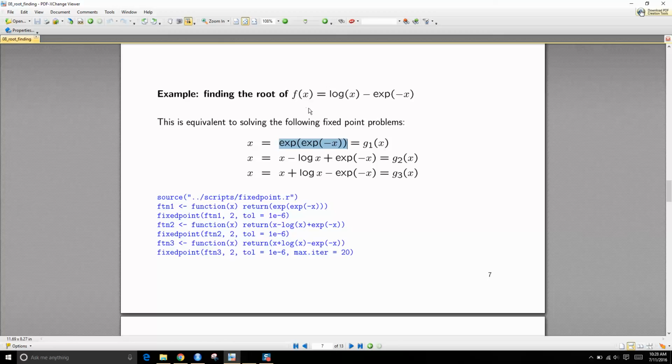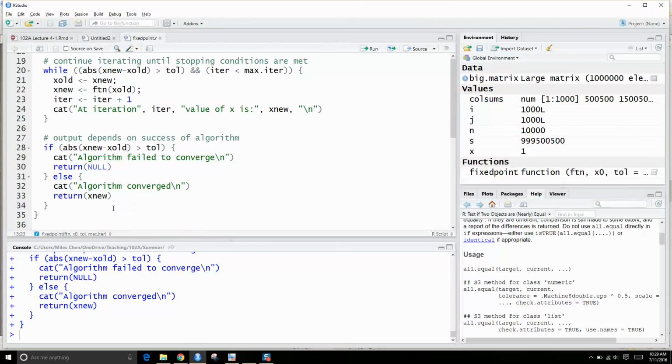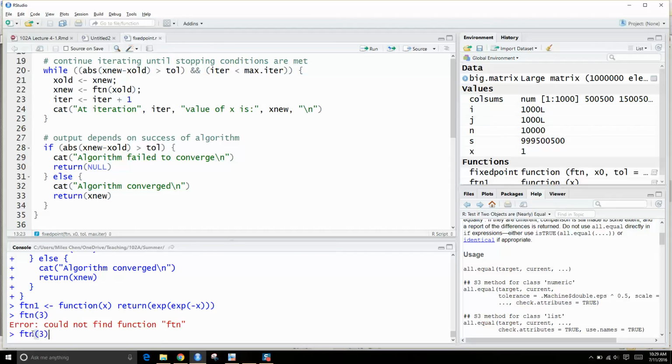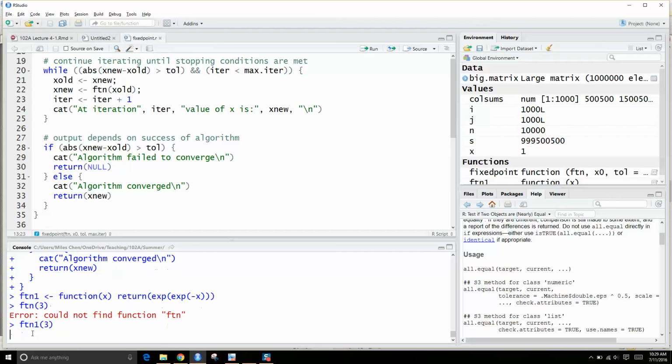And then I took the exponent of both sides of the equation. So exponent of log x is just x, and on the right hand side I got exponent of exponent negative x. Okay, so I'm going to just set this as a function here. This is going to be function 1. Okay, and then we can just see, function 1 of 3 or something like that.